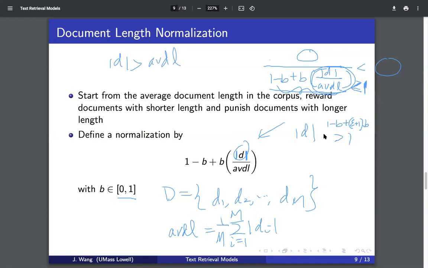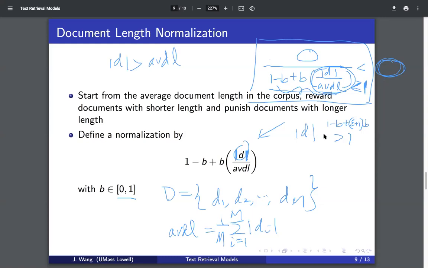That means the entire thing will be greater than whatever is on top of it, so we give some reward to it. So that's what this function means. I will put the size of D here. So that is document length normalization.